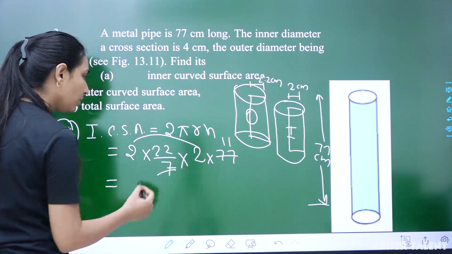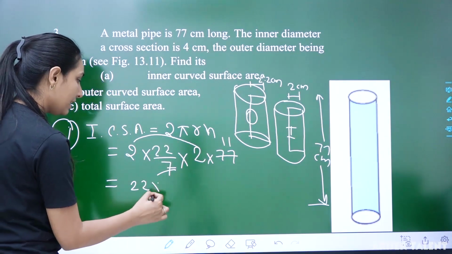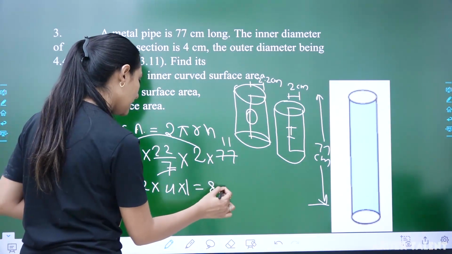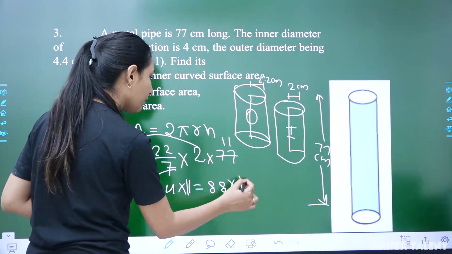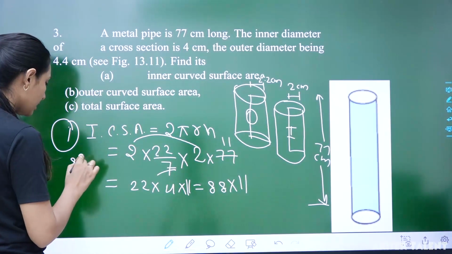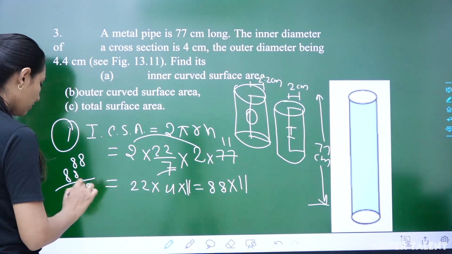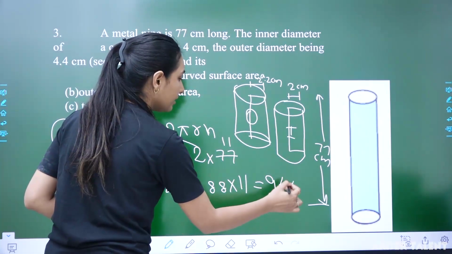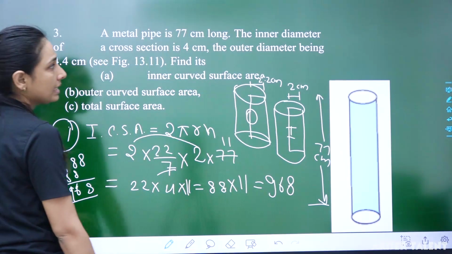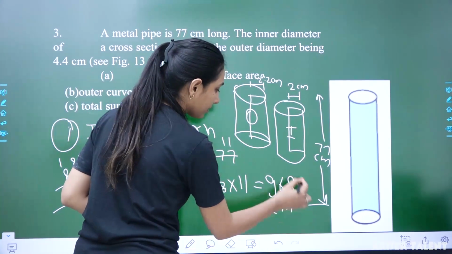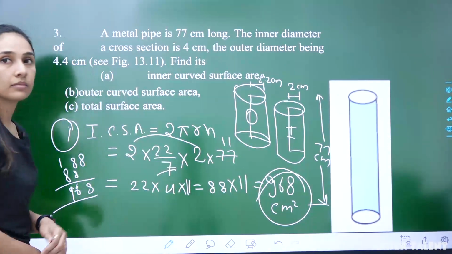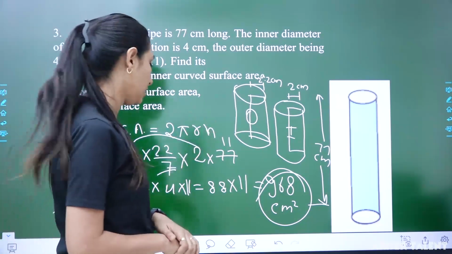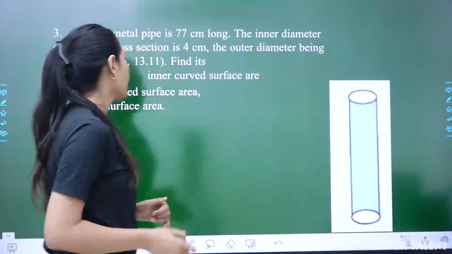Now that will be 4, and 12 multiplied by 22 multiplied by 4 multiplied by 11, which is 88 multiplied by 11. Now 88 and 88 again, so that will be 968 centimeter square. Right? So that will be our inner curved surface area. Done with that.